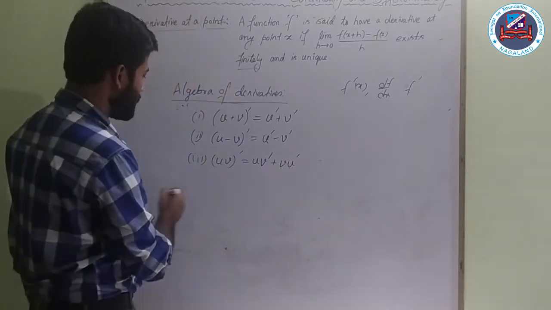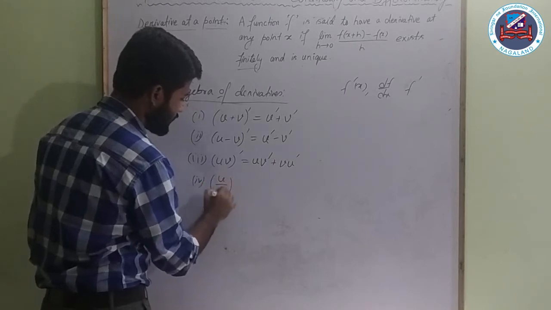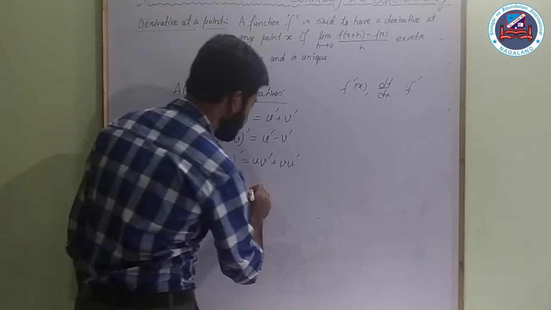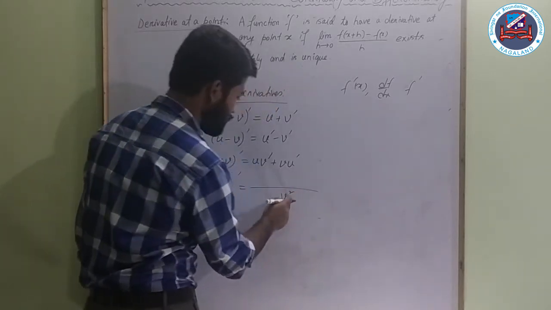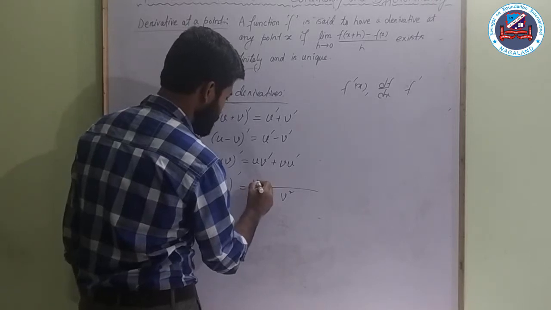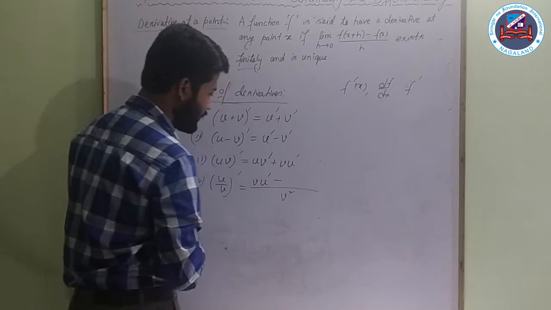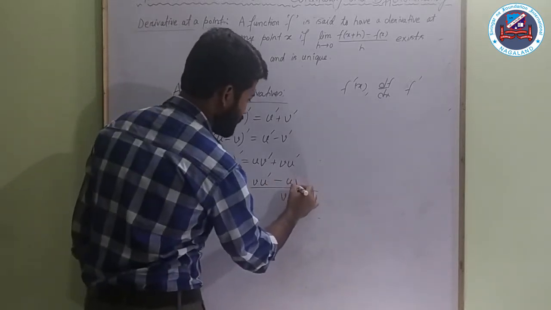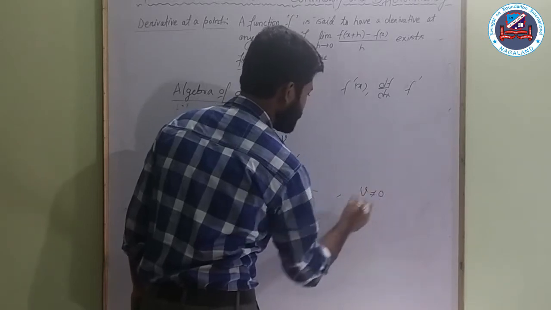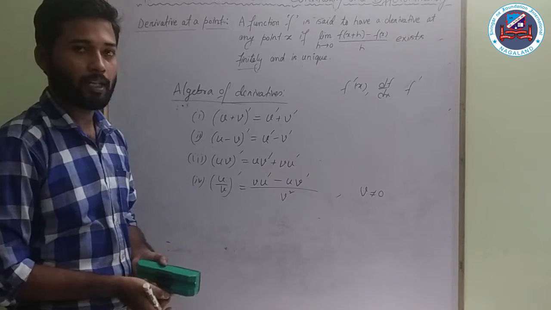The fourth one is (u divided by v)'. It equals: in the denominator we write the square of the second function, and in the numerator the second function into the derivative of the first function minus the first function into the derivative of the second function, and for this case v must not be equal to 0. So these are the four properties we have.